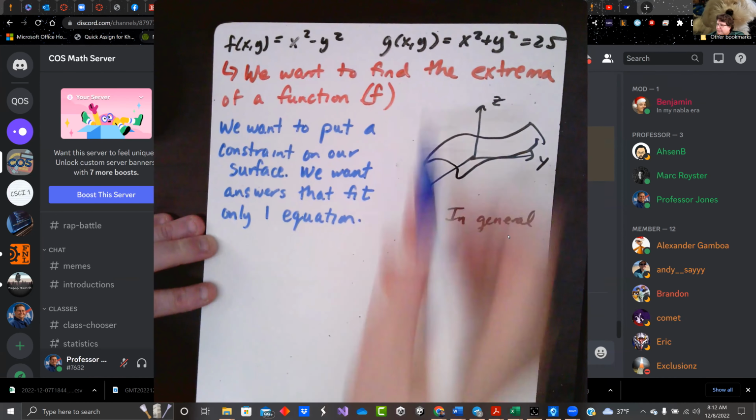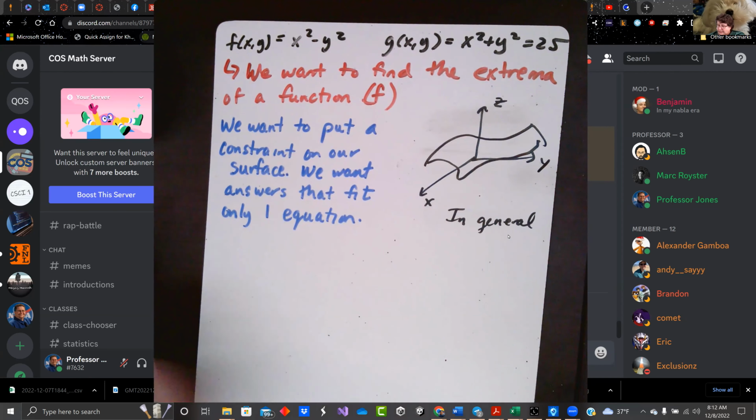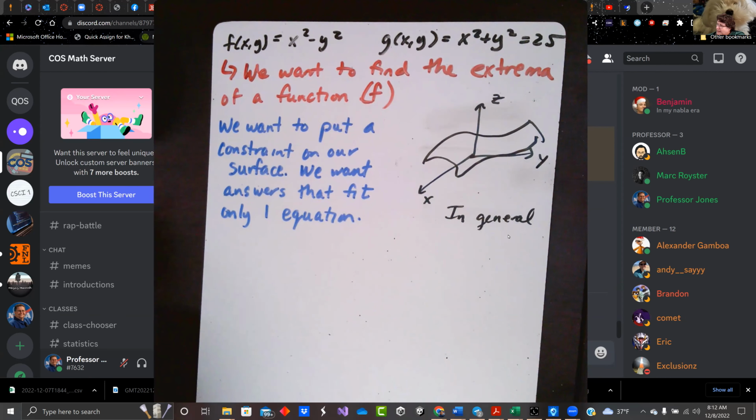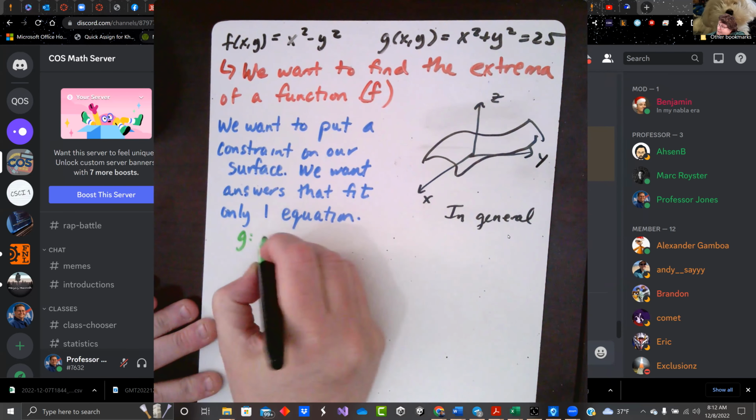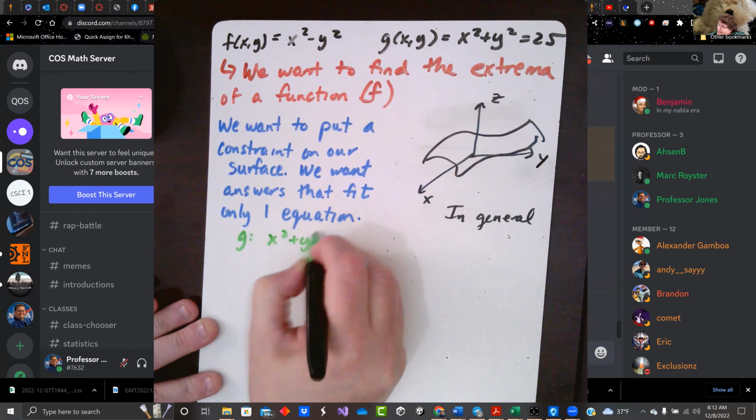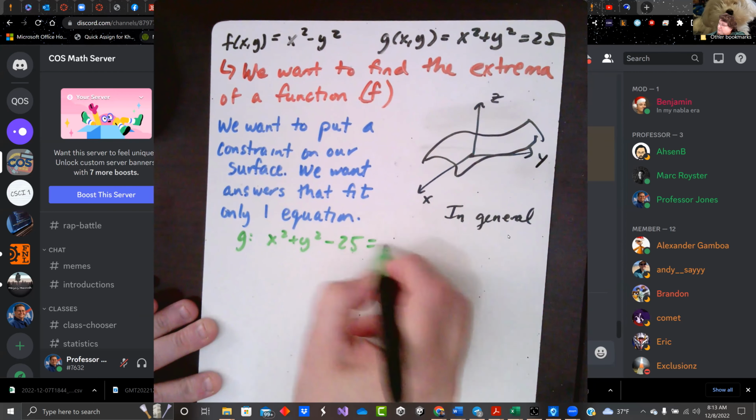So like my g up there, I could rewrite g as x squared plus y squared minus 25 equals 0.